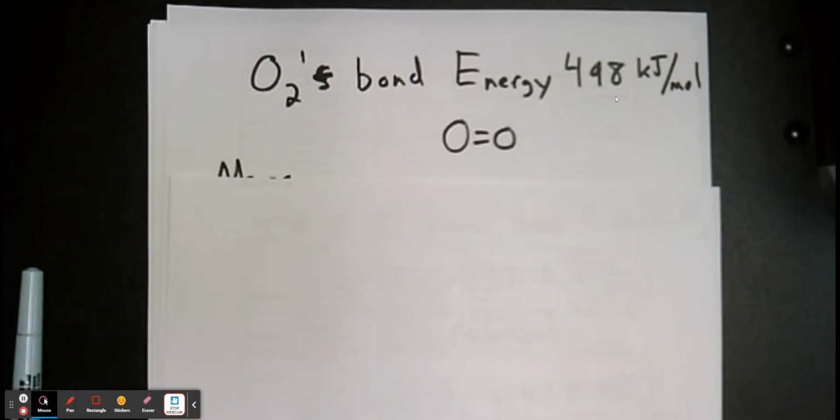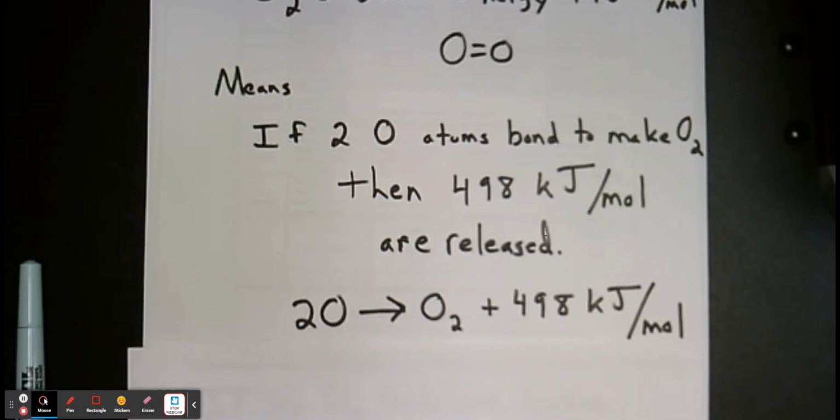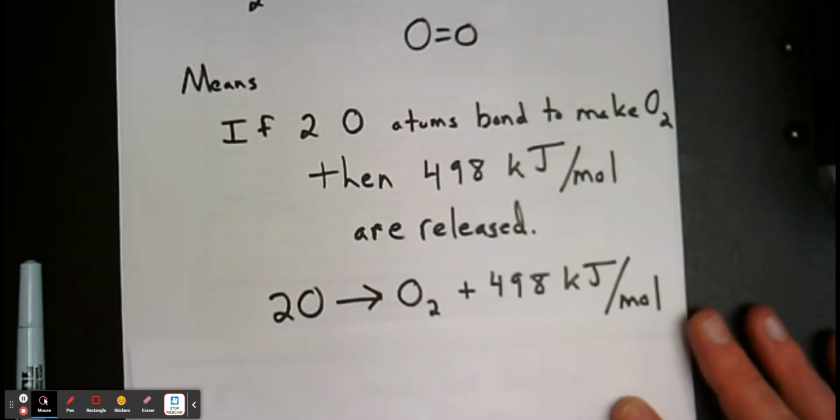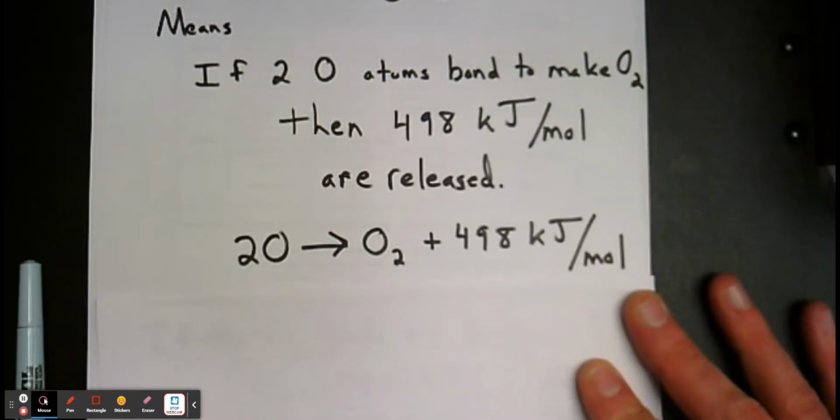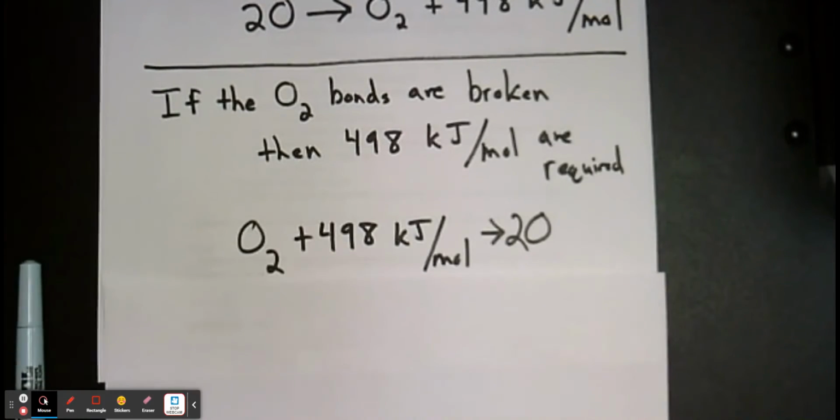All right, and in a chemical equation, it would look kind of like that. All right, and then the reverse is true. If I want to break them, I'm going to need to add that energy. All right.